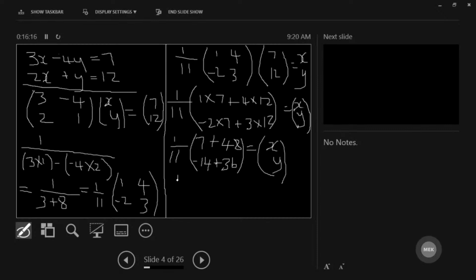So we're simplifying it now. 7 plus 48, that's 55. And -14 plus 36, that gives 22.